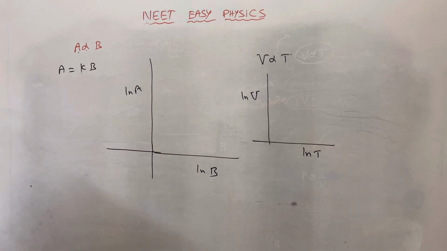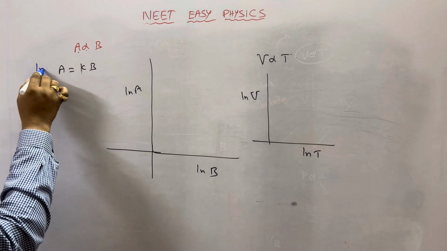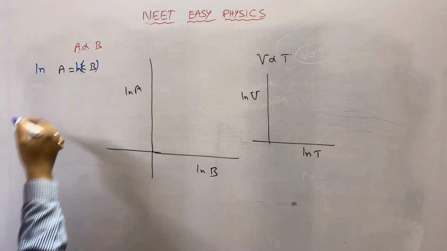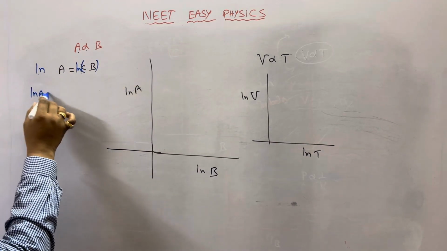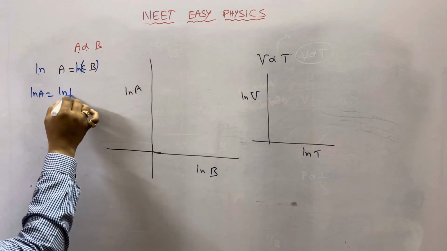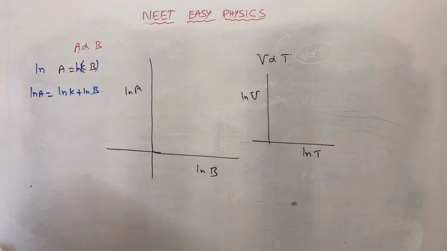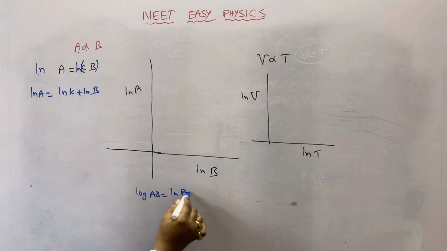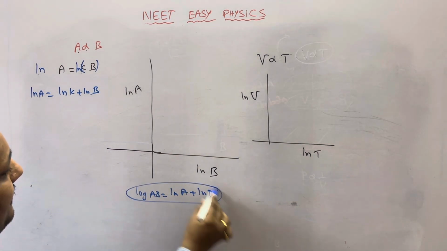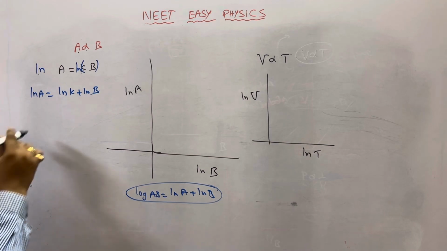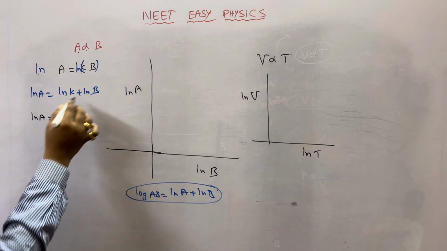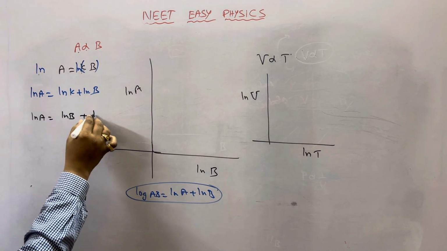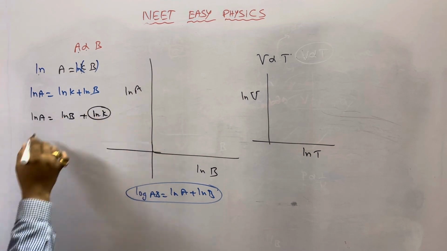So apply logarithm on both sides: log A is equal to log K plus log B. The log AB formula: log AB is equal to log A plus log B. Now see here, log A is equal to log B plus log constant, another constant.